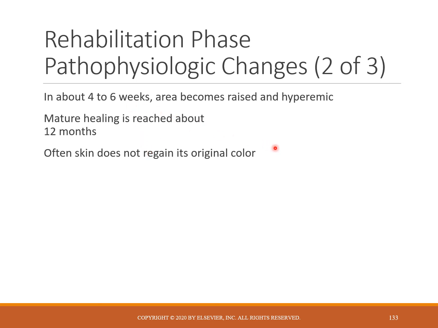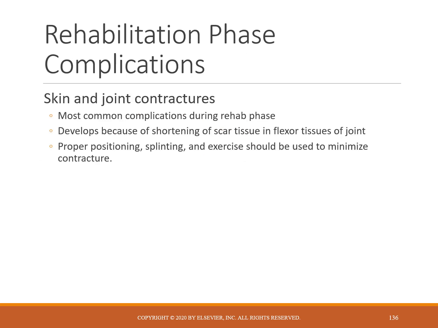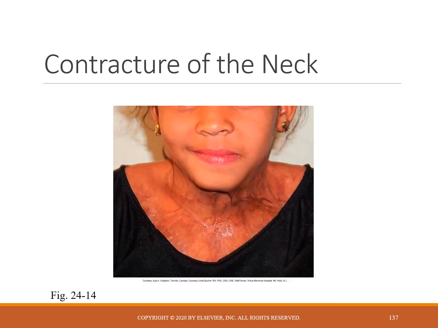Though it's healing, you might see a difference in the color of the skin. And here you might see some discoloration due to the scarring. And there might be contractures that can happen. So proper positioning and splinting exercise should be used to minimize the contractures.